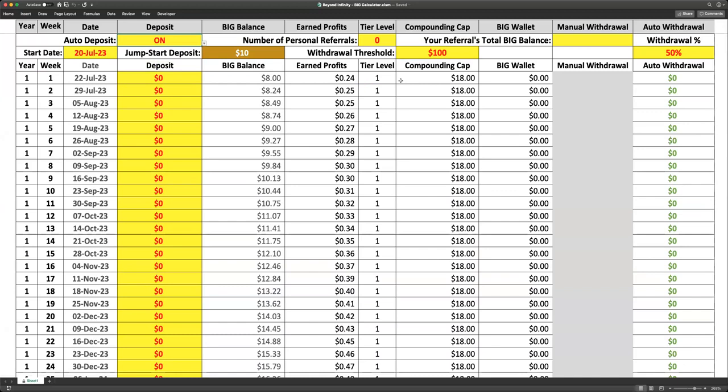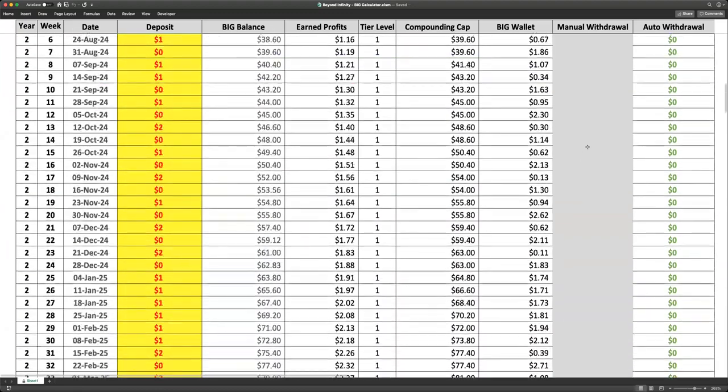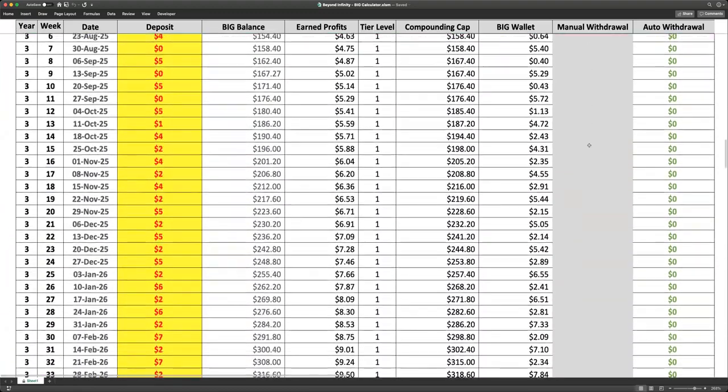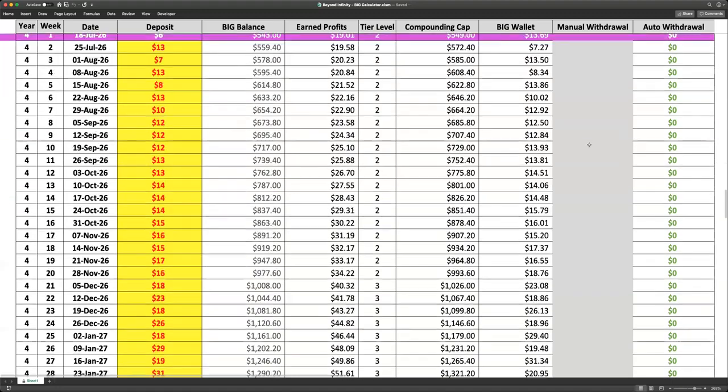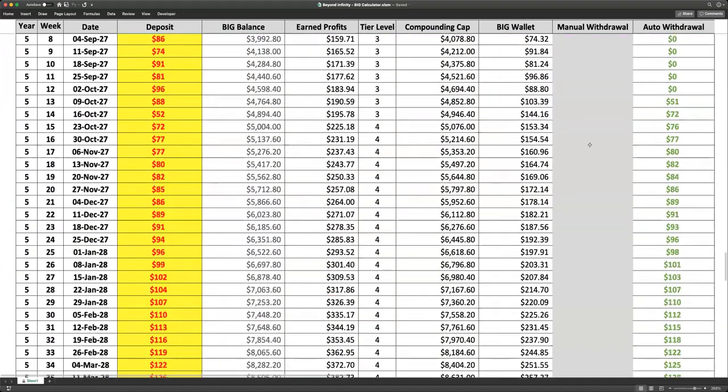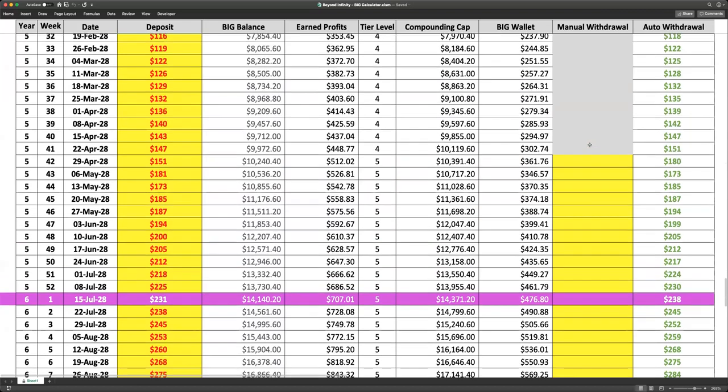Let's go down to where under manual withdrawal, where the gray squares stop and the yellow squares begin. And by the way, you can't do anything with the gray area, and you'll see why here in a minute. What we have done and what we're going to do is allow anyone who has a big balance of more than 10,000 to start withdrawing from that big balance.